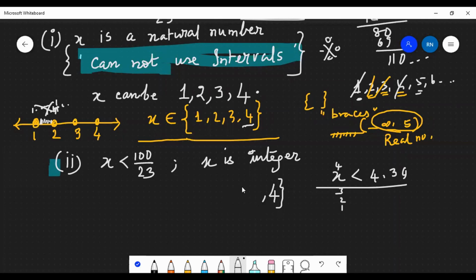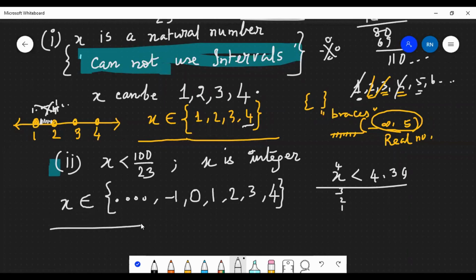So with the help of separating commas, I can go ahead. Even 0 satisfies. 0 is an integer. -1 is an integer. Does it satisfy? Yeah, satisfies. Yes, sir. So I have to just write a few dots and leave it and close the braces and put the symbol x belongs to.